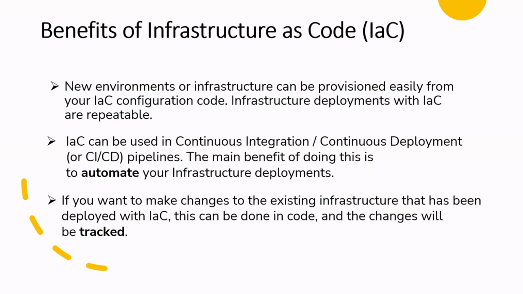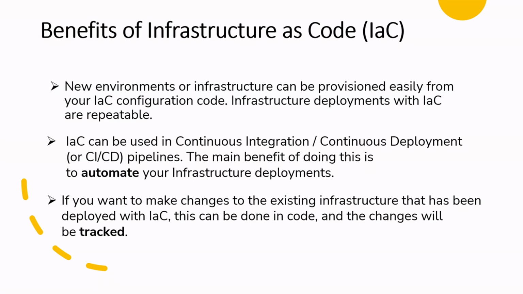IaC can be used in continuous integration and continuous deployment pipelines. The main benefit of doing this is to automate your infrastructure deployments, so you can integrate IaC with your pipelines like Jenkins to automate the infrastructure deployments.